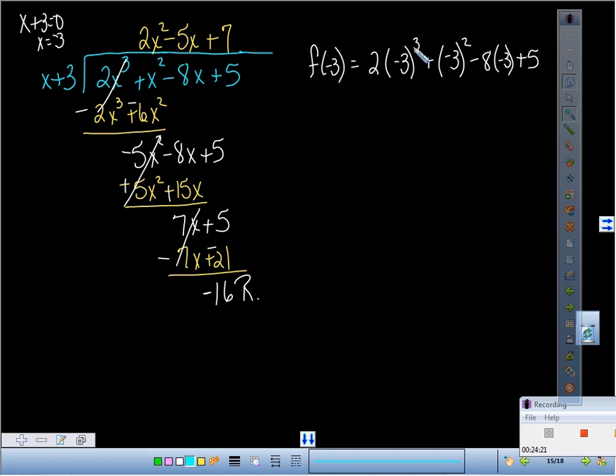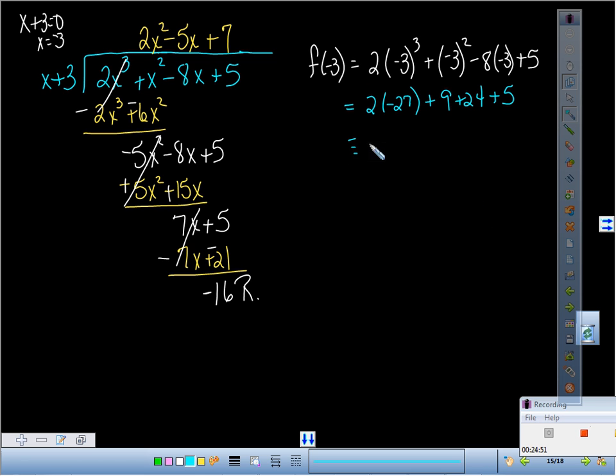A negative, right? So this is 2 times negative 27. When you raise a negative number to an even power, what kind of answer do you always get? Positive. So this is 9. And then negative 8 times negative 3 is plus 24. And then plus 5.